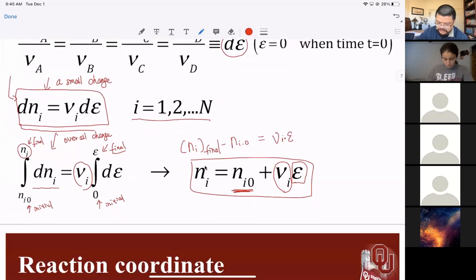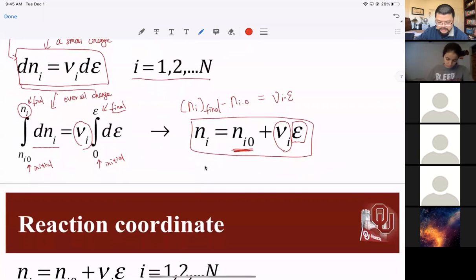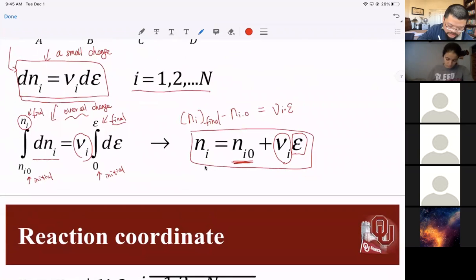So on this slide, there are two equations that shall have our attention. Now we know how to describe the change of each component. You see that we are interested in the overall, and of course we want to keep an eye on what the overall number of moles is.